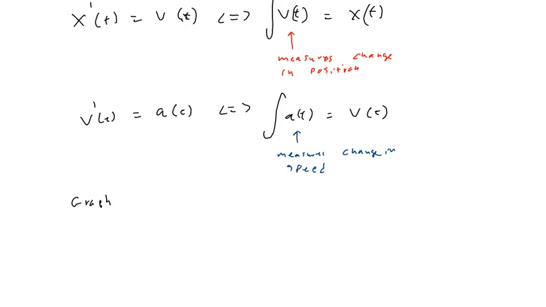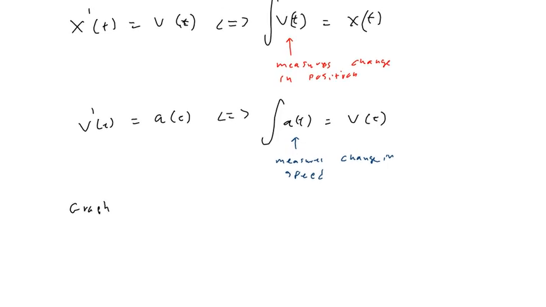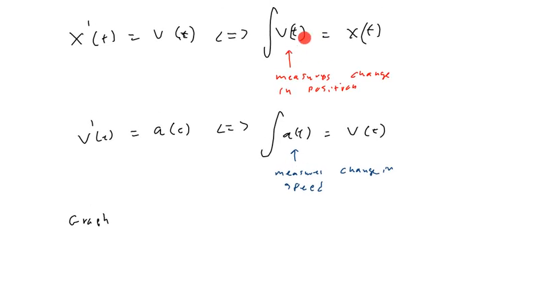They love to give you questions about velocity, acceleration, positions of particles, give you one piece of information, ask for another. So if they give you the velocity function and they want the position, you're going to have to do an integral, right? But if they give you, let's say, the position function and they want to know the speed, you're going to have to do a derivative.